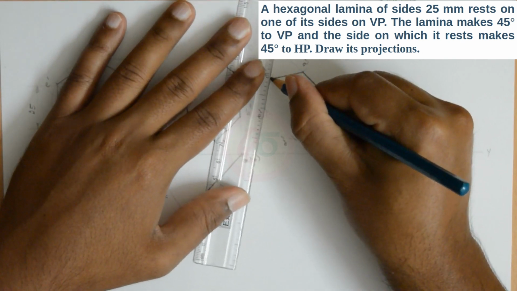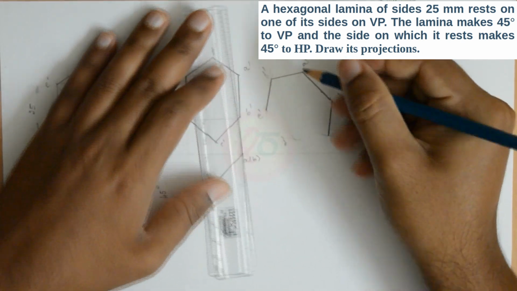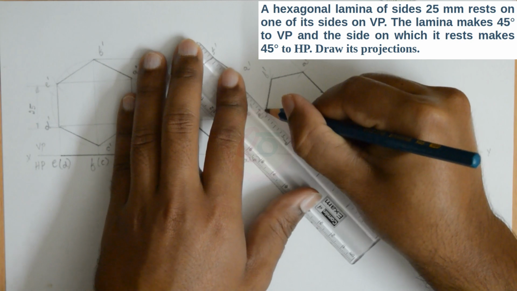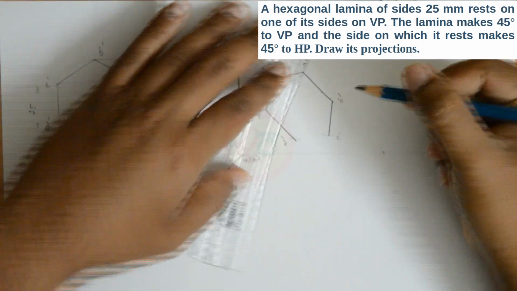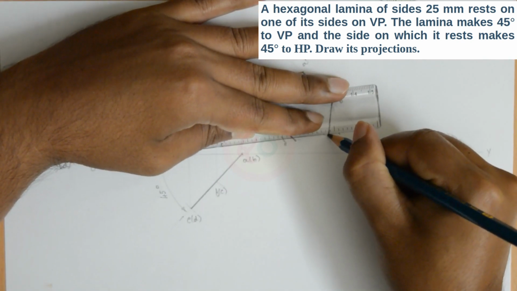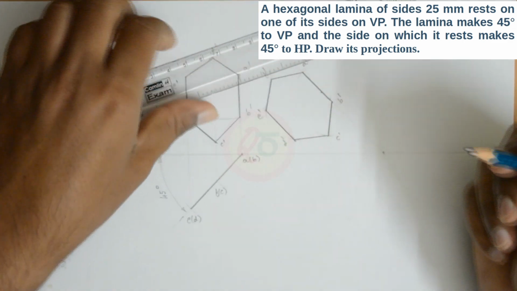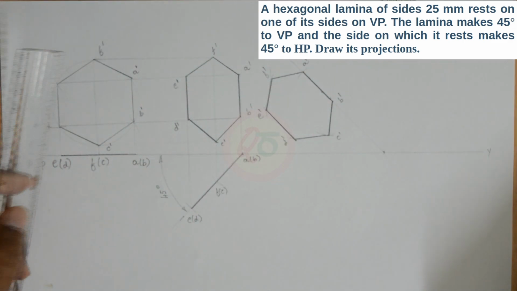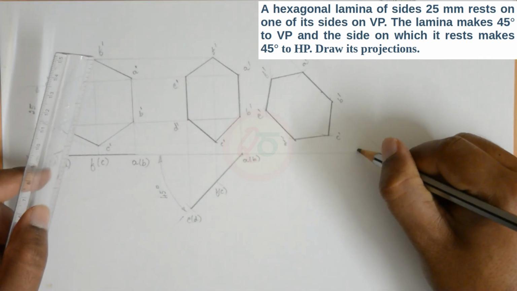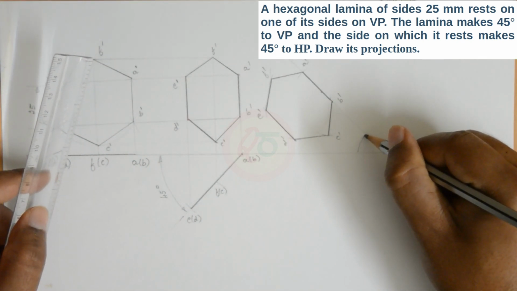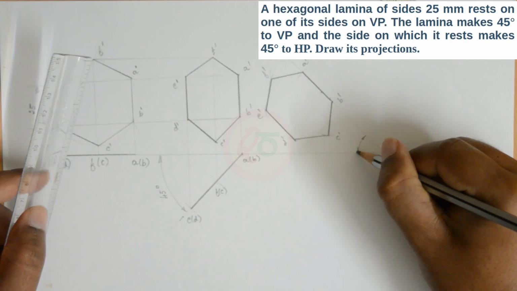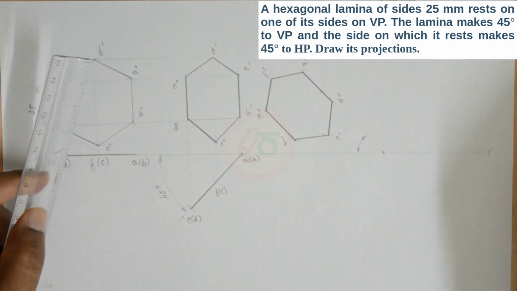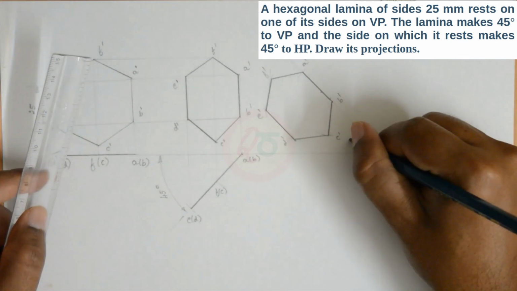From F dash to E dash, from E dash to D dash, finally D dash to C dash. This completes the hexagon, the final position at 45 degrees. Mark the angle. So this is at 45 degrees.